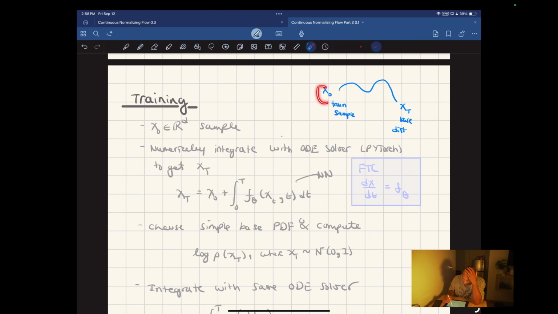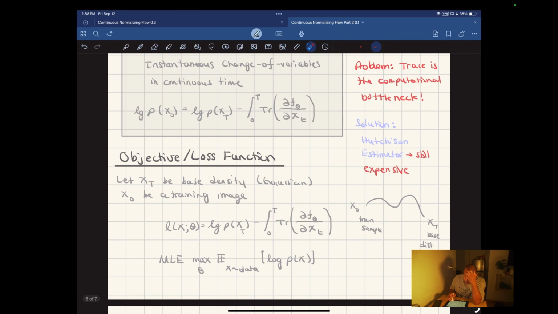We're going to take a sample image x naught. Remember, we want to calculate this. We want to use this to get the log likelihood of a training image x naught.